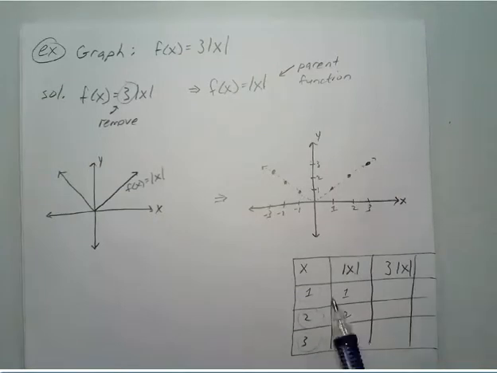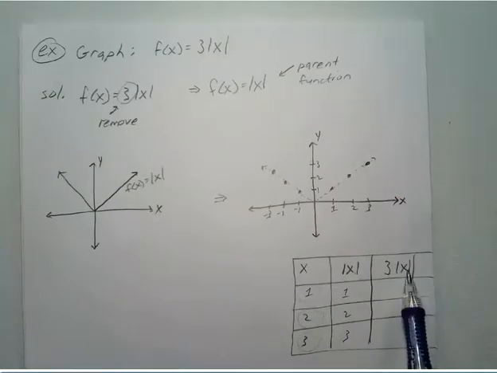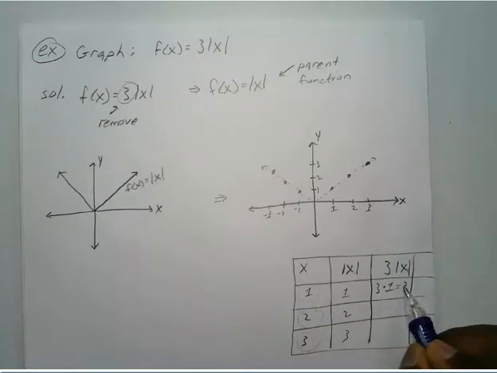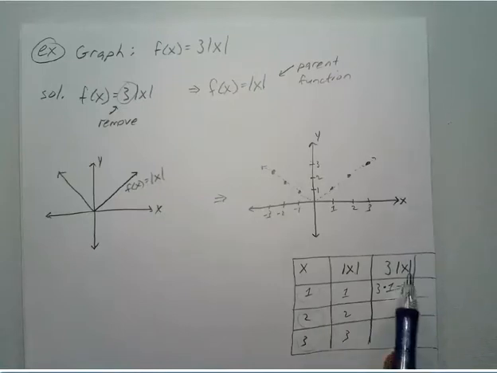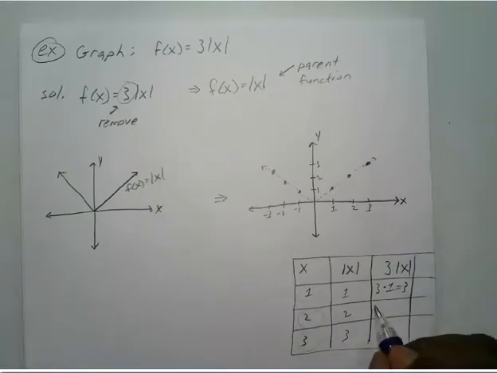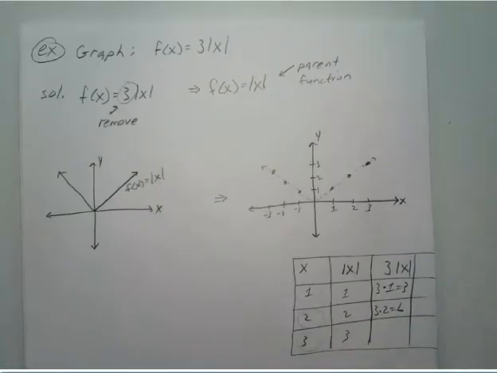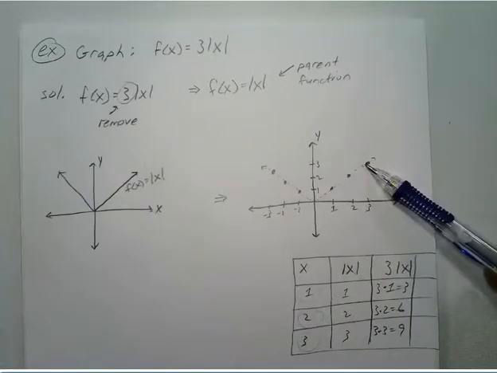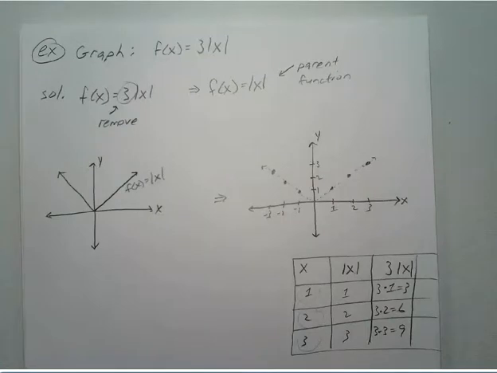But 3 times absolute value of 1 is going to give us 3. 3 times absolute value of 2 gives us 3 times 2, which is 6. 3 times absolute value of 3 is going to give us 9. So that's 3 times 3 is going to give us 9. So now all of those absolute values, we're now multiplying them by 3. Okay, so same here.